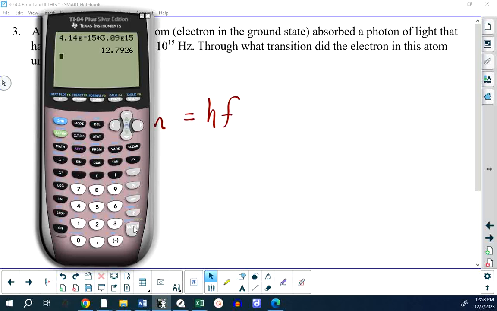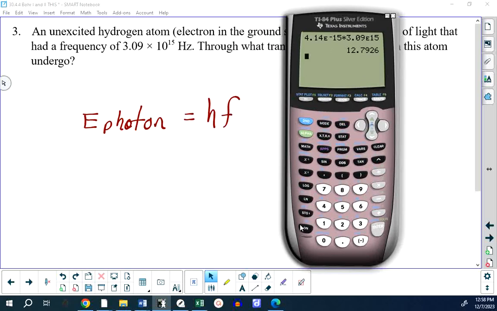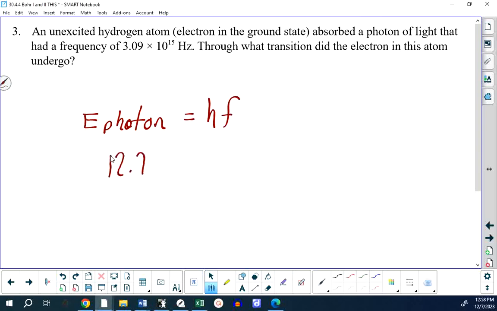So this is kind of what I was talking about earlier. This photon, 12.79 whatever eV, is a huge photon energy-wise. It's ultraviolet. So it must be from something down to 1. That's a big start.